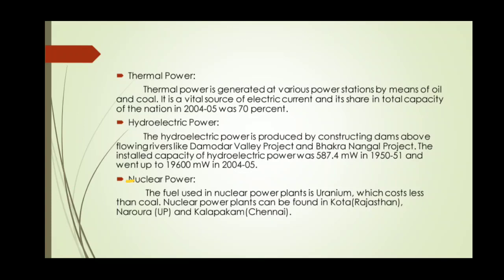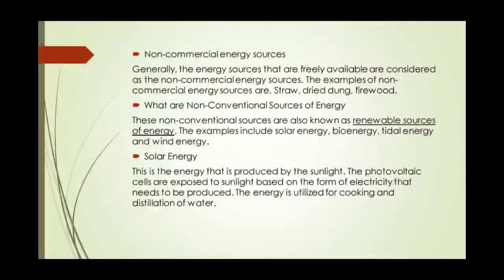It produces fewer greenhouse gas emissions during the production of electricity compared to sources like coal power plants. Although, in case of accidents, nuclear energy is released in high amounts into the environment, and also the nuclear waste remains radioactive. Next, non-conventional sources of energy.